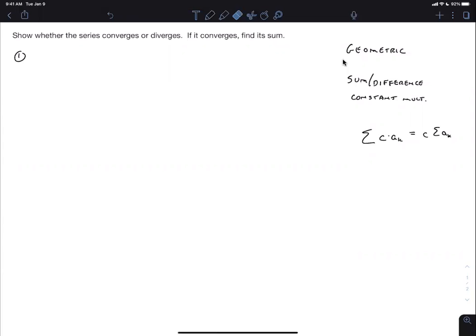These are a little bit weird, but we're going to look at this series: the sum from k equals 0 to infinity of 1 over k plus 1 minus 1 over k plus 3. This is one where you have two things subtracted, so it looks like maybe you could split it up.